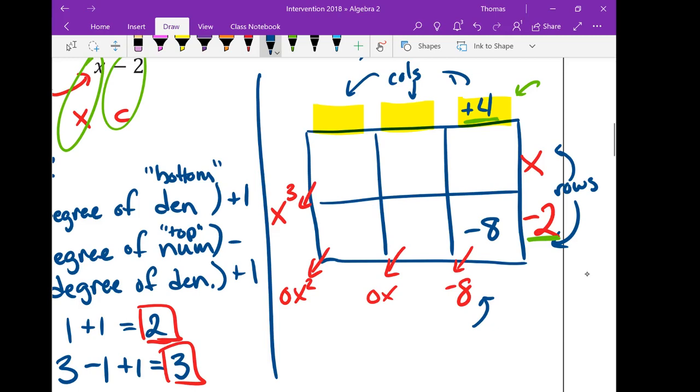So we've said positive 4 and negative 2 multiply to make negative 8. Now we can fill up the rest of our column. 4 times x, 4x. Now we're kind of out of information here. So when we get to the top of a column, we need to look diagonally for the totals. From the diagonal, 4x plus something, we don't know what that is yet, needs to get to 0x.